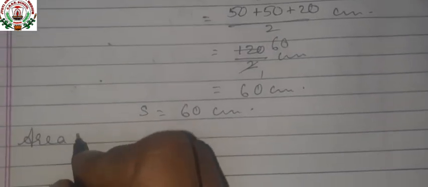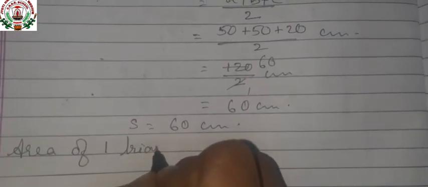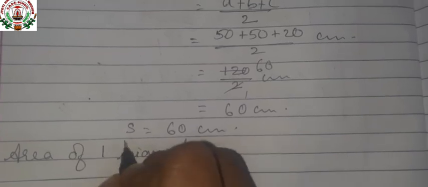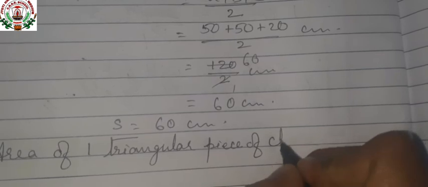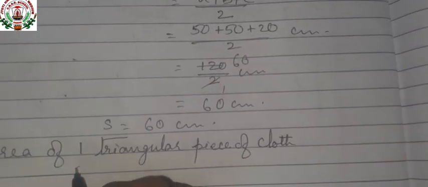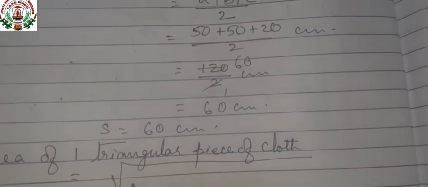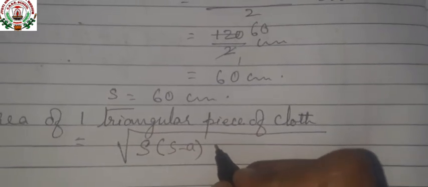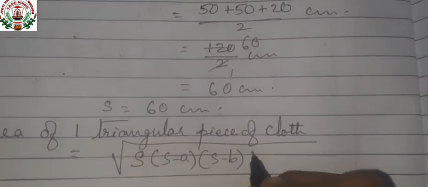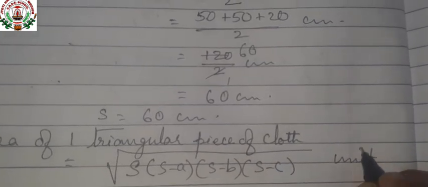Now the area of one triangular piece of cloth equals, now what is the area of a triangle? Using Heron's formula, that is square root of S into S minus A into S minus B into S minus C. Outside the square root we will write the unit square.